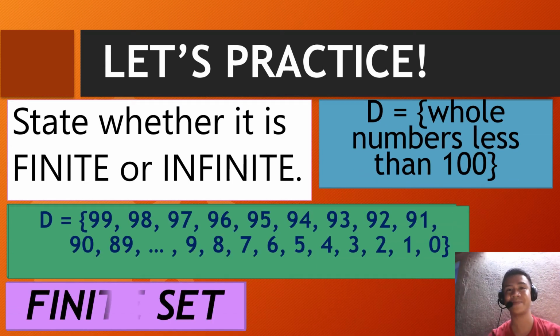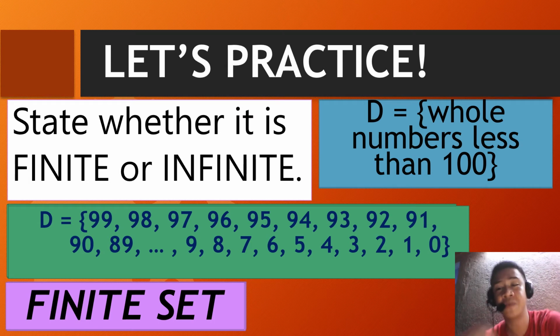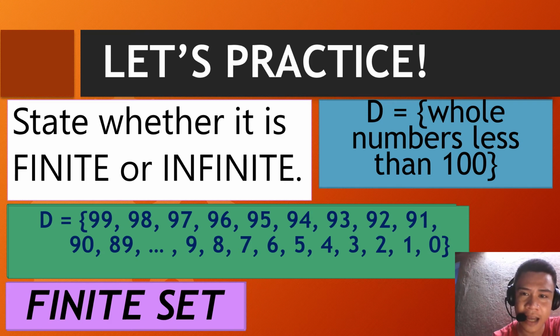Next, set D. Set D is whole numbers less than 100. Whole numbers is considered as infinite. Pero dito, we have an additional description of less than 100. So we will do the listing. Set D is 99, less than 100 daw. 98, 97, 96, pababa.